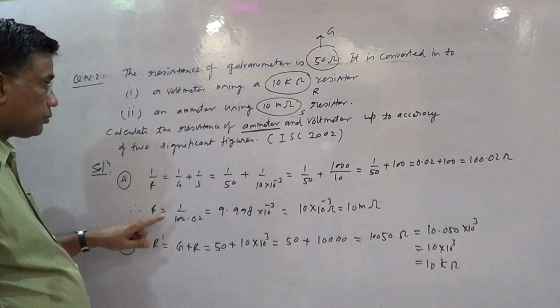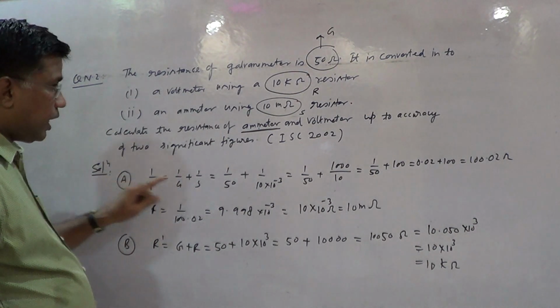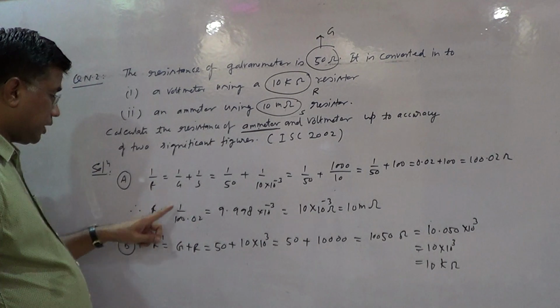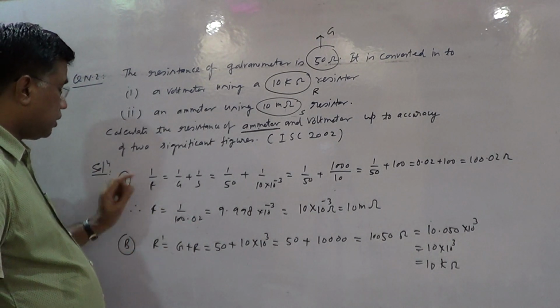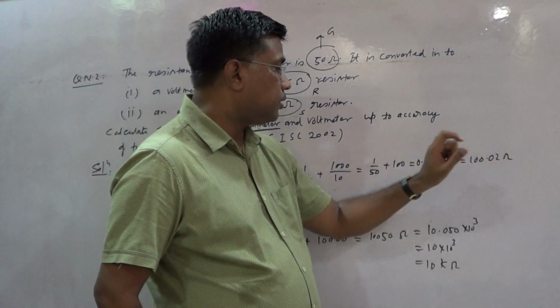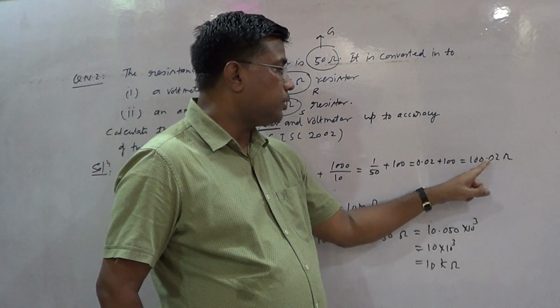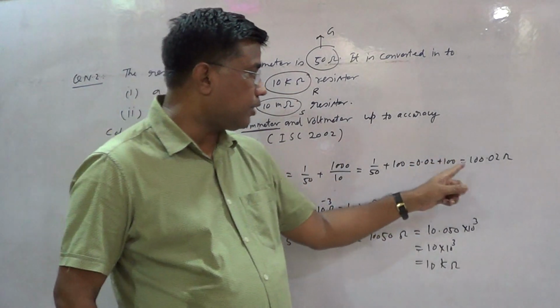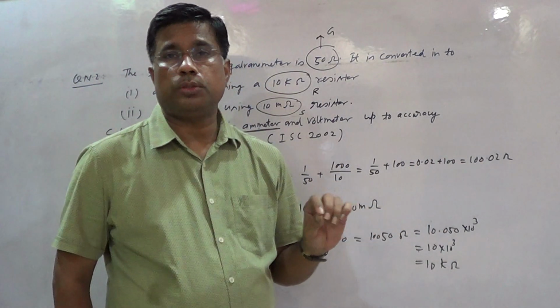So the value of R will be the reciprocal of that value, that is 1 by 100.02 ohm. Listen once more. The value of 1 by R has been calculated as 100.02 ohm.